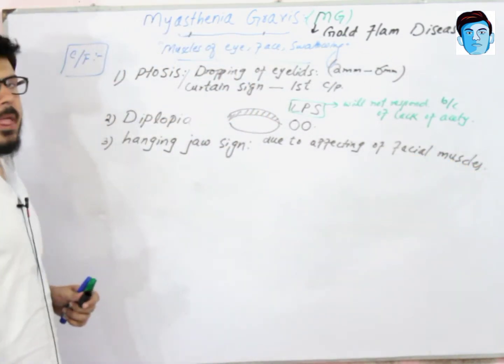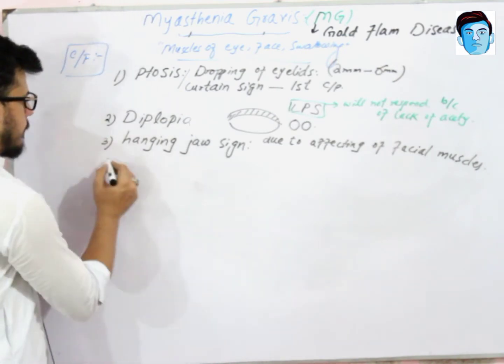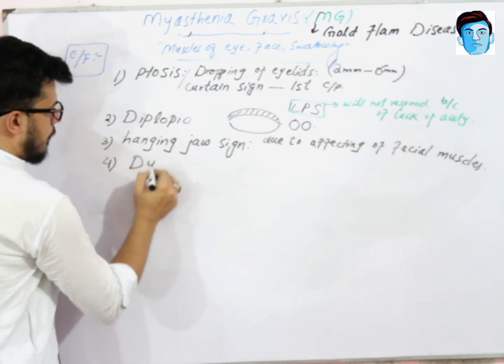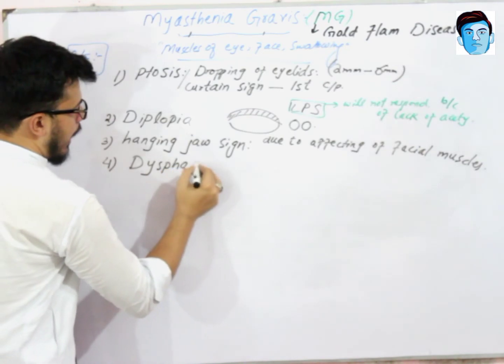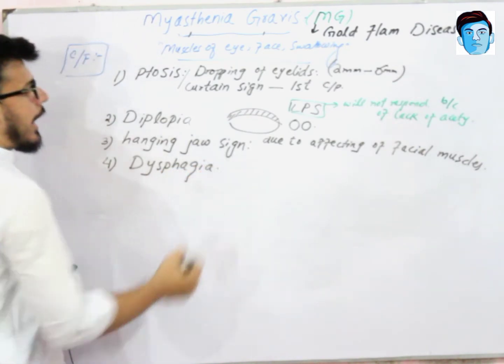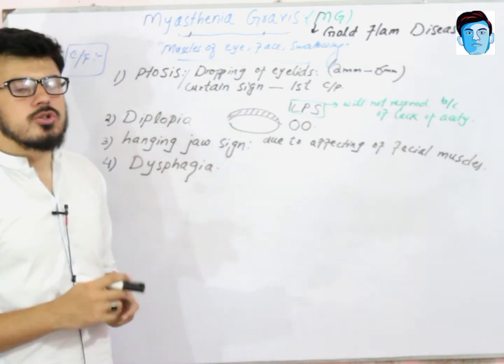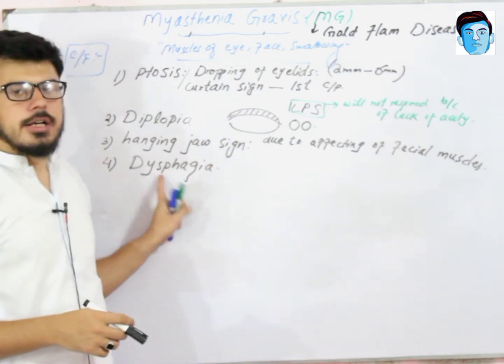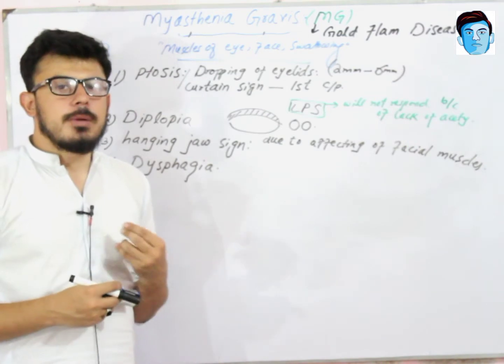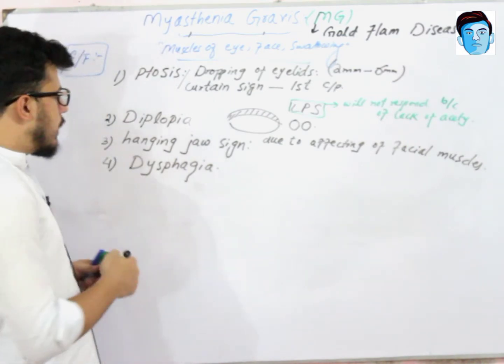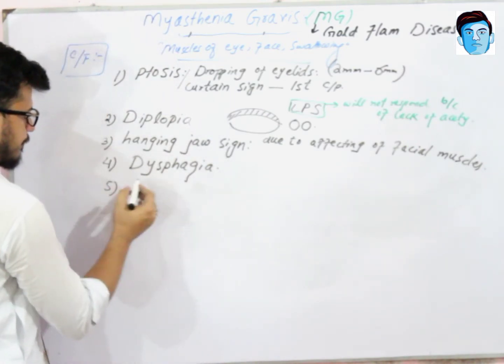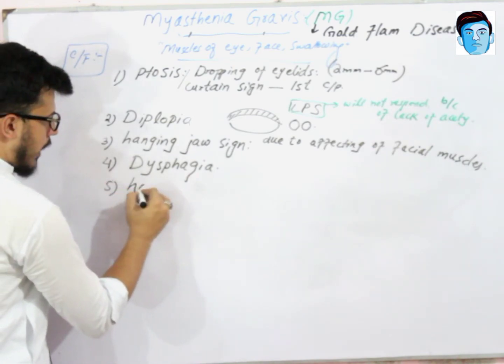And also there is dysphagia, which means difficulty in swallowing, as it involves the muscles of swallowing. If the laryngeal muscles are involved, there will be harshness of voice.